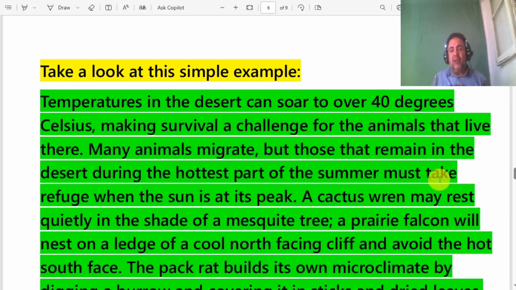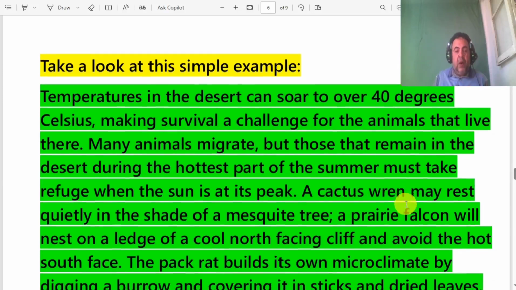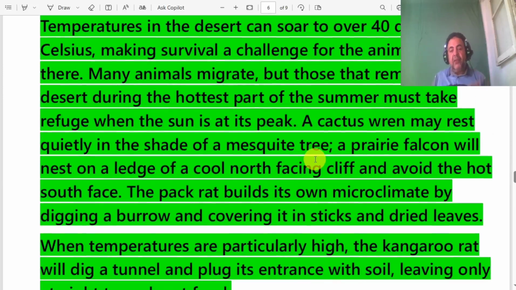Temperature in the desert can soar over 40 degrees Celsius, making several changes in animals that live in it. Many animals migrate, but those that remain in the desert during the hottest part of the summer must take refuge when the sun is at its peak. A cactus wren may rest quietly in the shade of a mesquite tree. A prairie falcon will nest on a ledge of a cool north-facing cliff and avoid the heat of the south face.